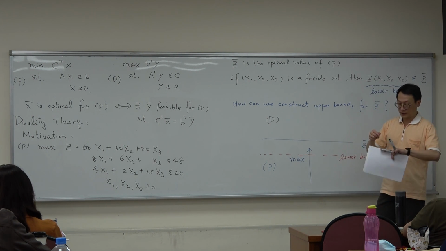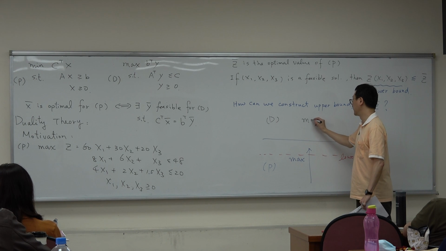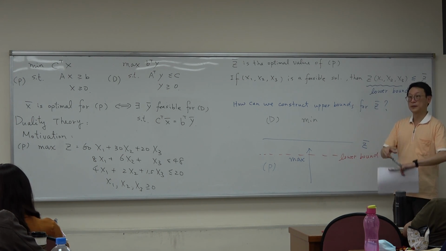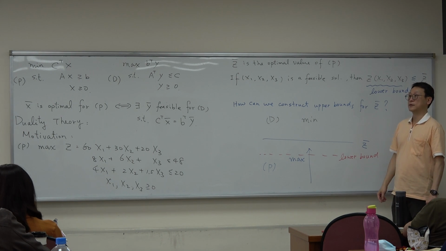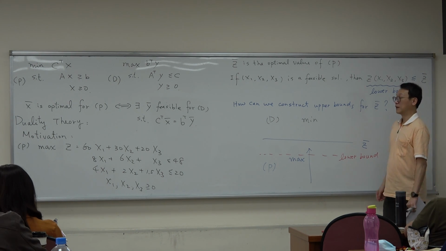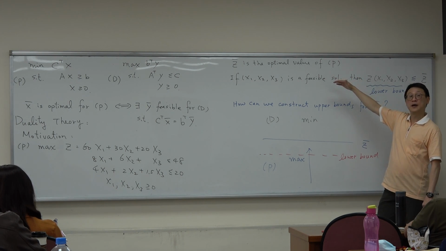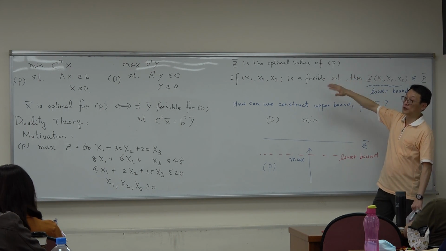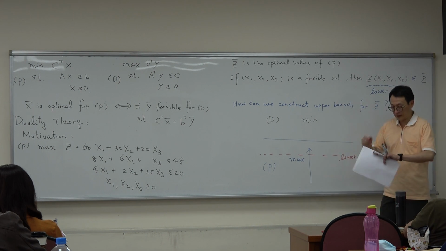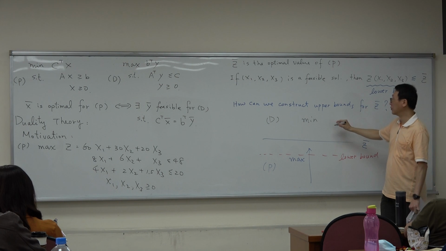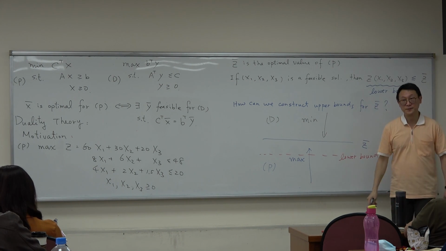The dual actually is the minimization problem. So for a minimization problem, we start from a very, very large value and we try to apply them and try to decrease the value. It goes from infinite value to optimal value.